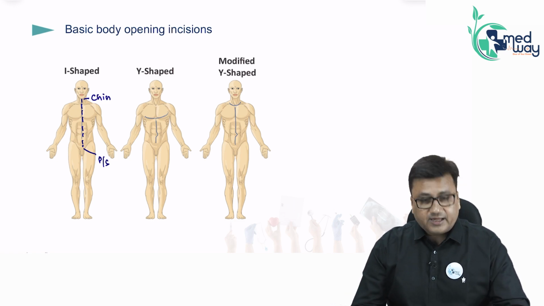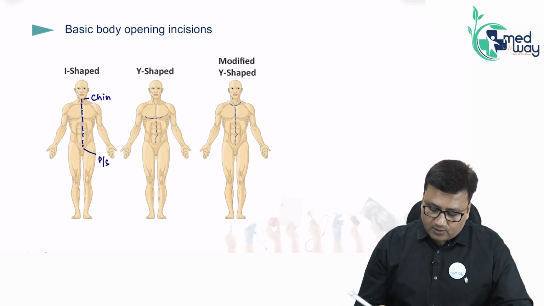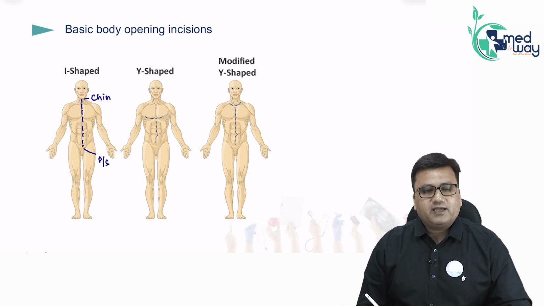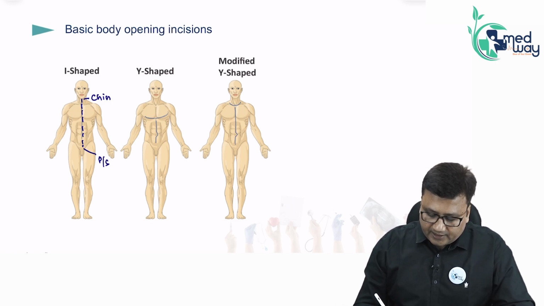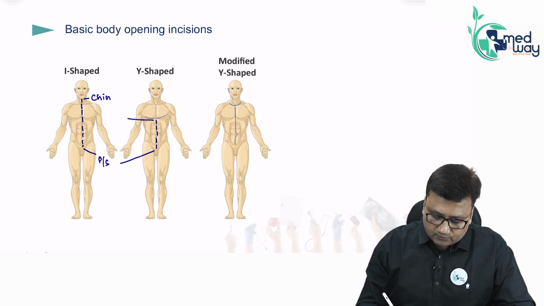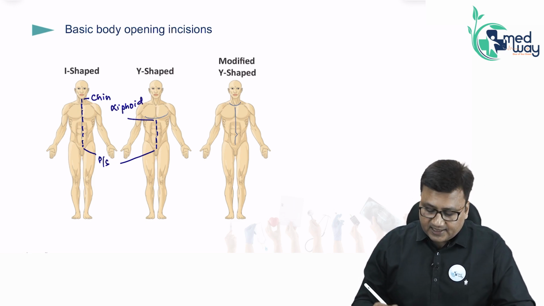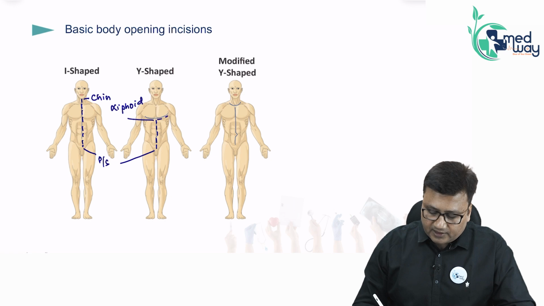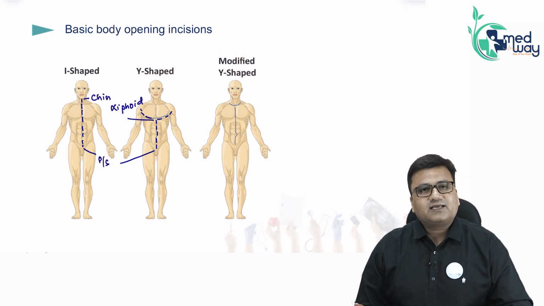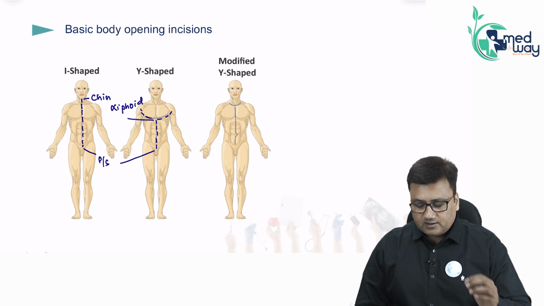Okay. The second is called a Y-shaped incision, where again we have a primary I which goes straight, but this time not from the chin, but from the xiphoid process till pubic symphysis. So, it goes from xiphoid to pubic symphysis, and then we have curvilinear incisions going towards the axilla. Okay.